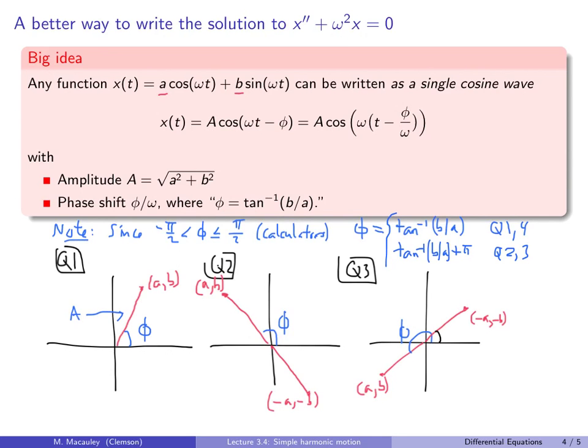Okay, so let's do an example of this. Let's suppose we have negative 3 cosine of t plus 4 sine of t.